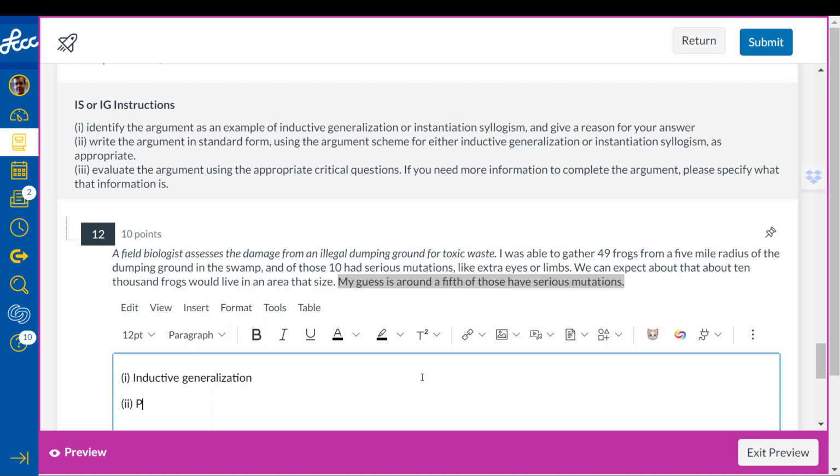P1: in a sample of 49 frogs gathered from near the dumping site, 1/5 had mutations.